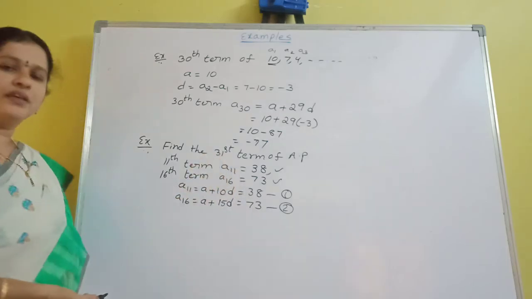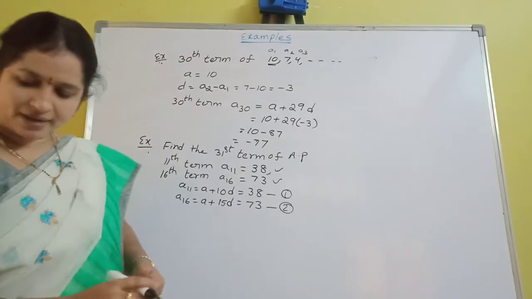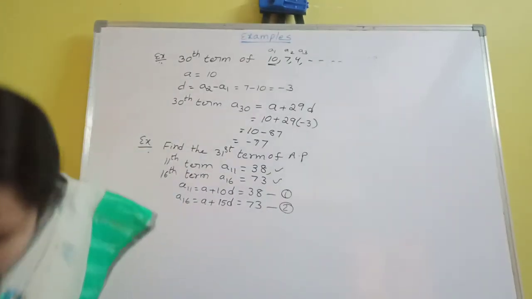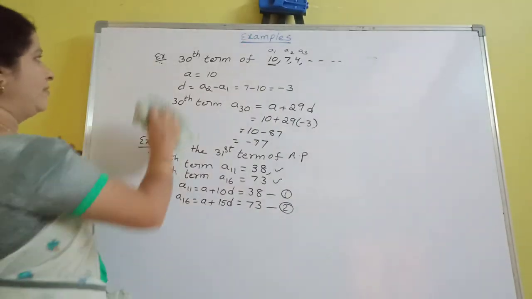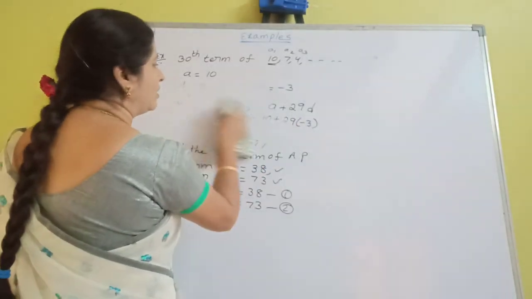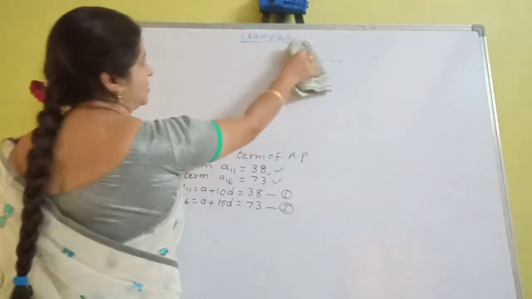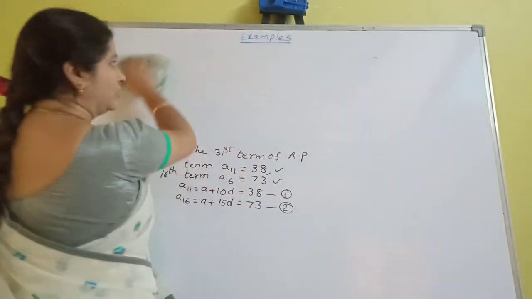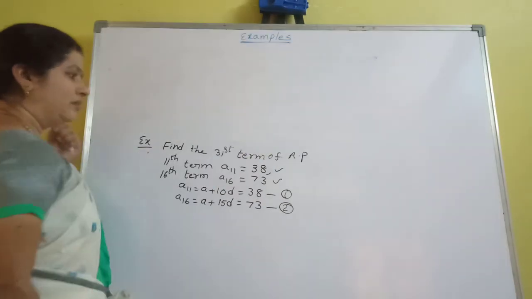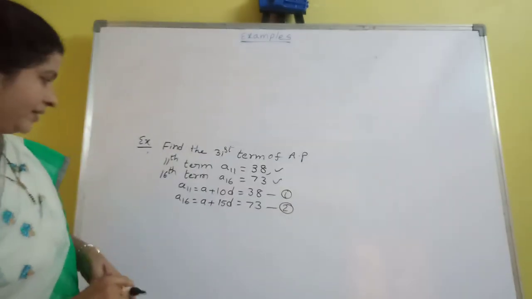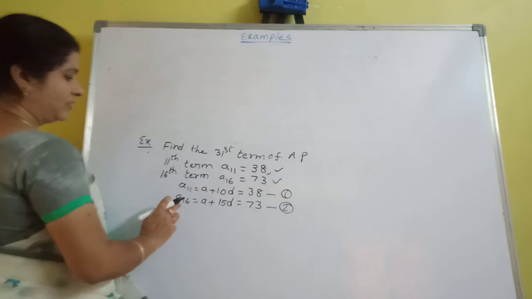By using these two conditions, you have to find the A value and D value. If you know the A value and D value, you can easily find out any term of the series.